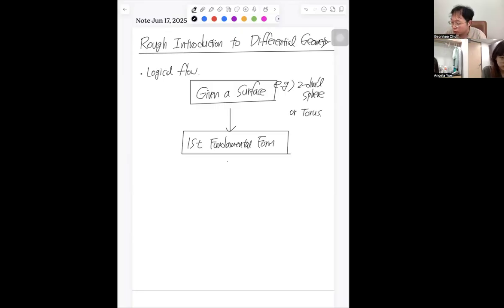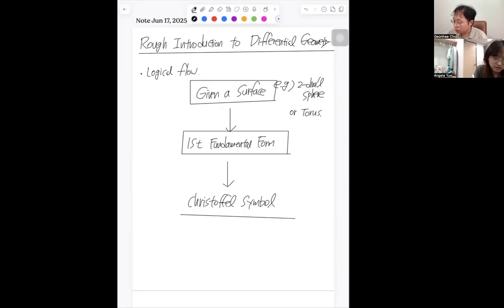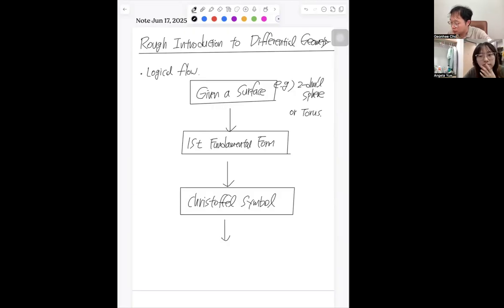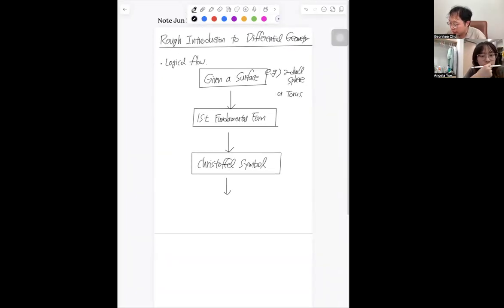And then that determines the so-called Christoffel symbol. After our discussion, I will share this note with the two of you, so if you have any questions, just let me know. And then that will determine the so-called Riemann curvature tensor.